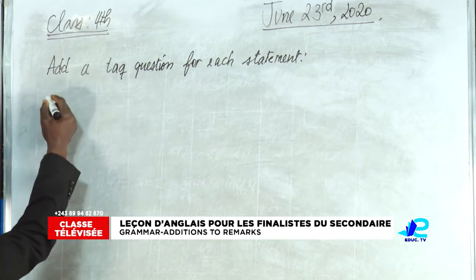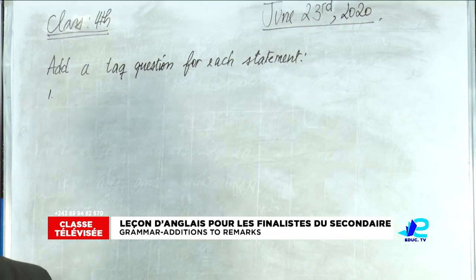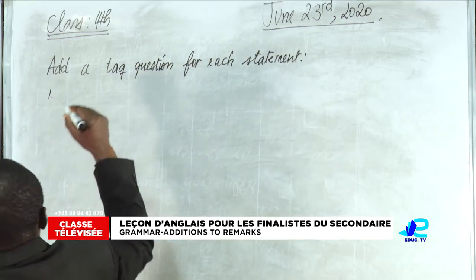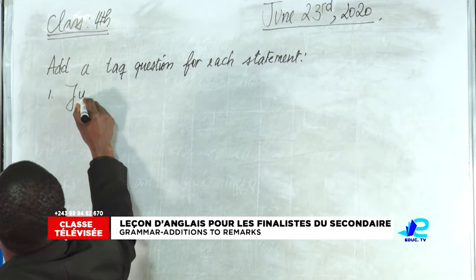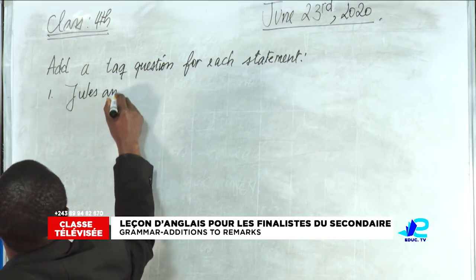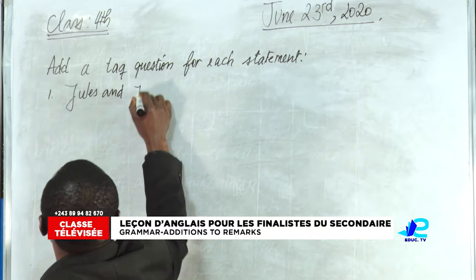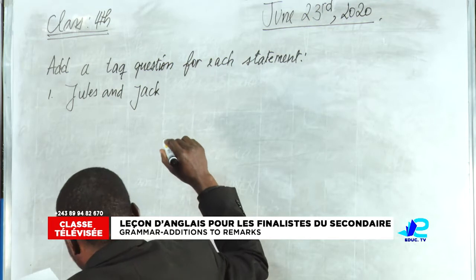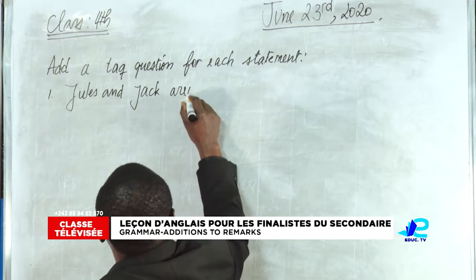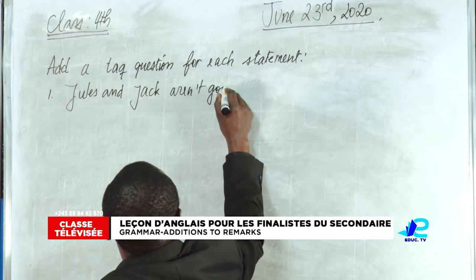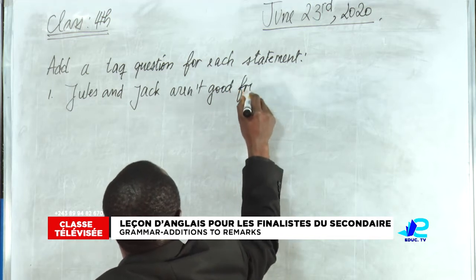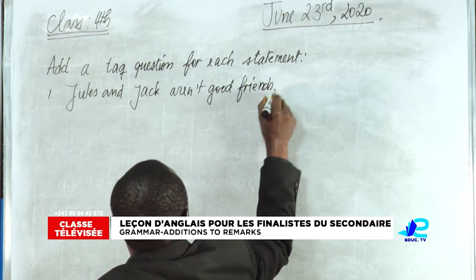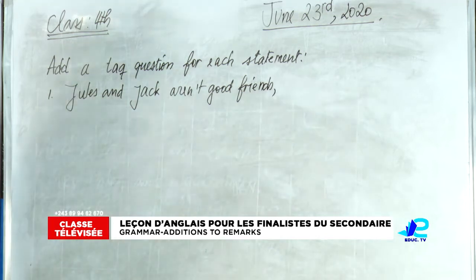The first example, or example number one, was: Jules and Jack aren't good friends. The first sentence is Jules and Jack aren't good friends.